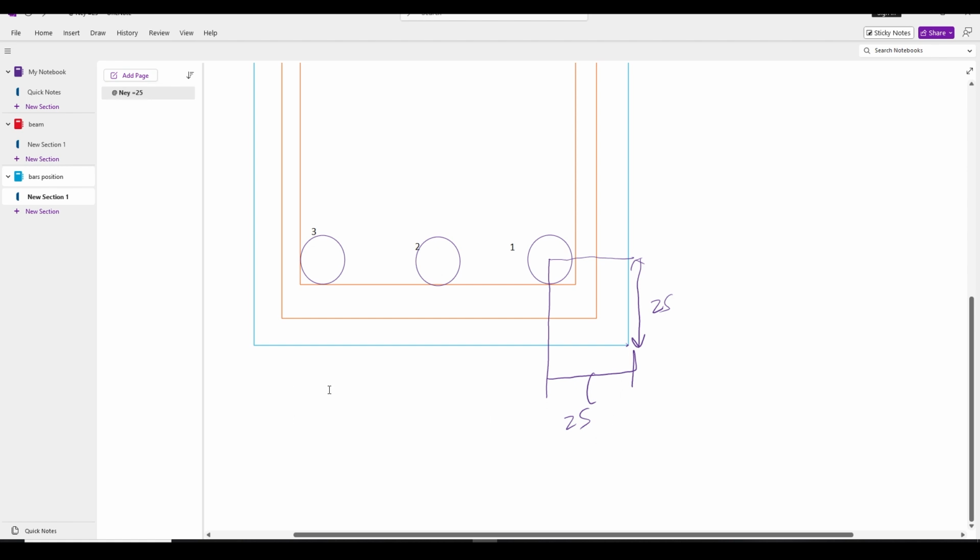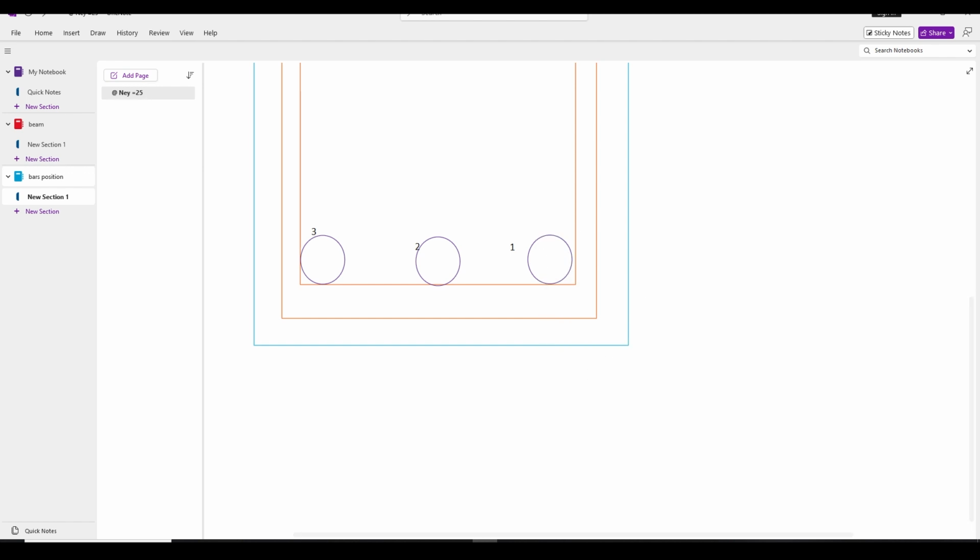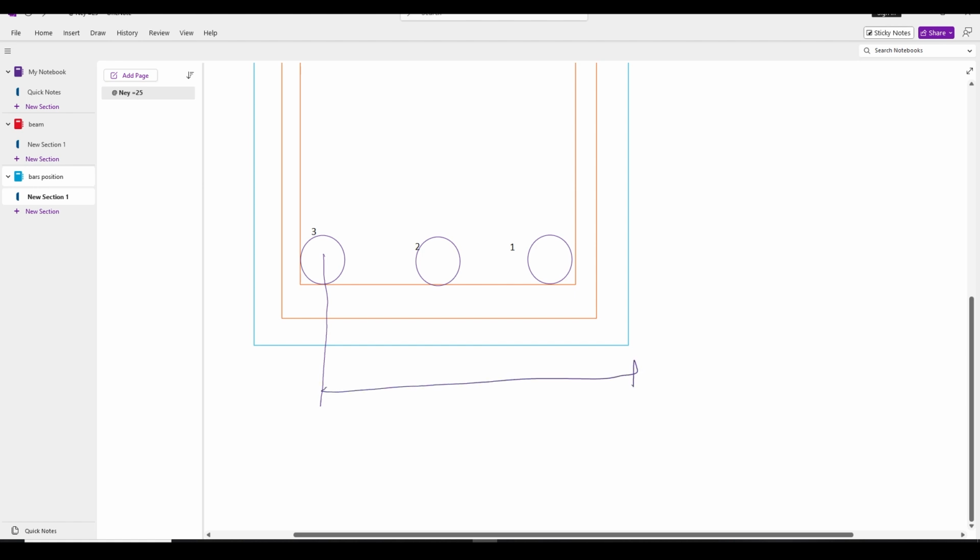We need to calculate the distance from here to this point, and we know that this is also 25 mm. So this will be 230 minus 25, that is 205 mm in x direction, and similarly in y direction it will be 25 mm.